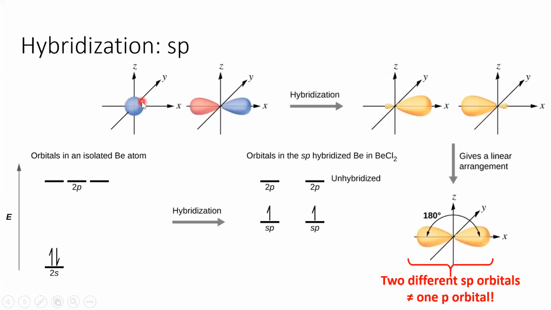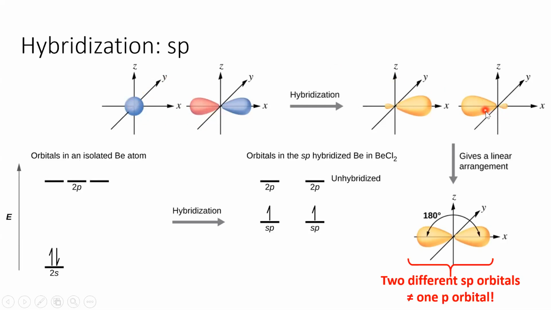So this is an s orbital, and this is a p orbital. They look different, and in a molecule, they would give different geometries. But if the one s orbital and the one p orbital mix together and meld together to make what are called hybrid orbitals, we've got one orbital here, one orbital here.